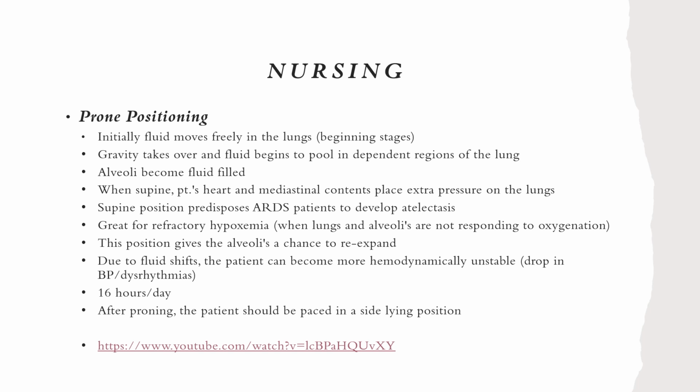This is great if the patient's going through refractory hypoxemia, right? So remember, just as a review, with refractory hypoxemia, no matter how much oxygen we give the patient, it's not going to benefit them at all, because our alveoli are either collapsed or fluid filled, and it's just not doing anything. Okay, it's not going to do anything for the patient. We need to give those alveoli a chance to re-expand and give the alveoli some space for gas exchange, right?